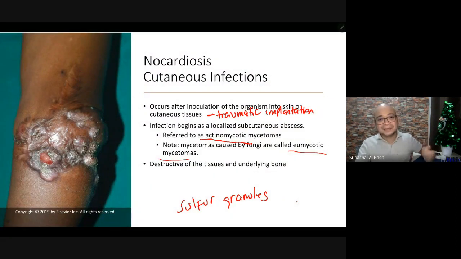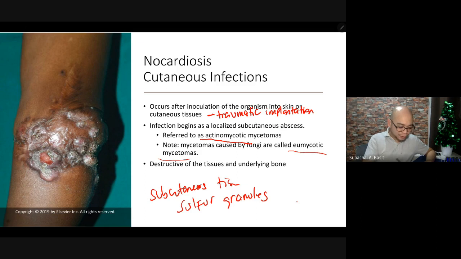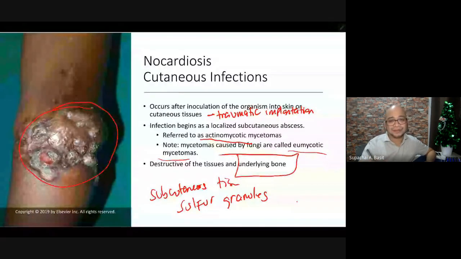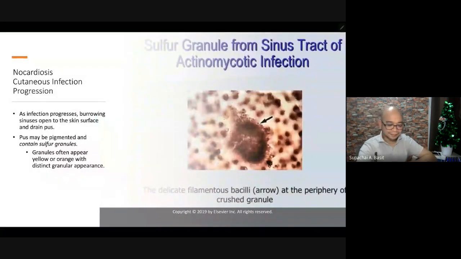Since the infection may reach up to the subcutaneous tissue, there would be destruction of tissues and even the underlying bone, because the destruction goes deep into the bone. Okay?